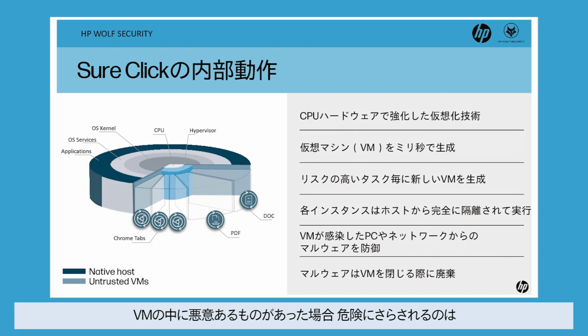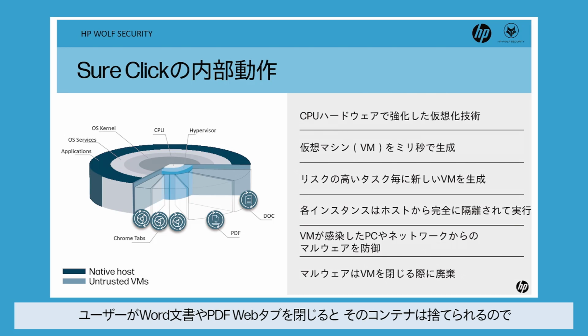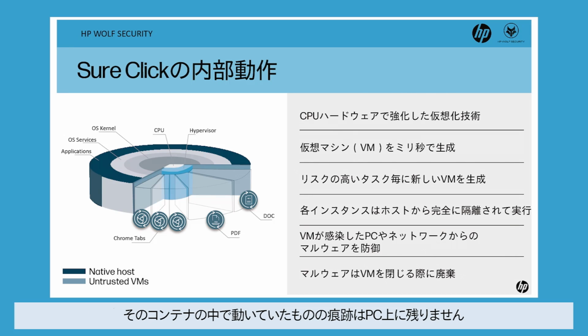So if there is something malicious inside the VM, what gets compromised is the micro VM container, not the actual PC. And when the user closes the Word document, the PDF, or the web tab, we throw away the container so that there's no traces of anything that ran inside that container left on the PC.